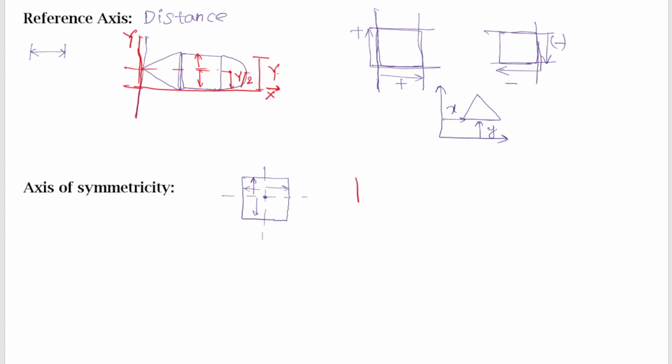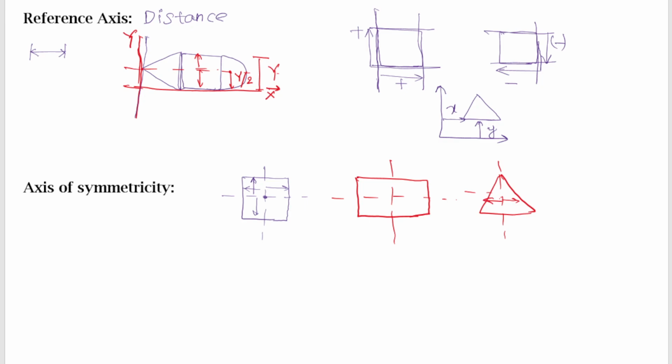A rectangle possesses the same properties, meaning it is symmetric about these two axes. How about an equilateral triangle? An equilateral triangle possesses symmetricity about this vertical axis, meaning the right side of the section is going to coincide with the left side.